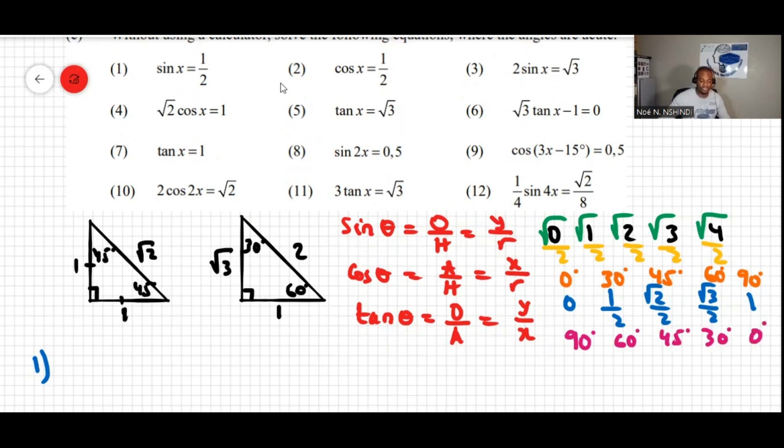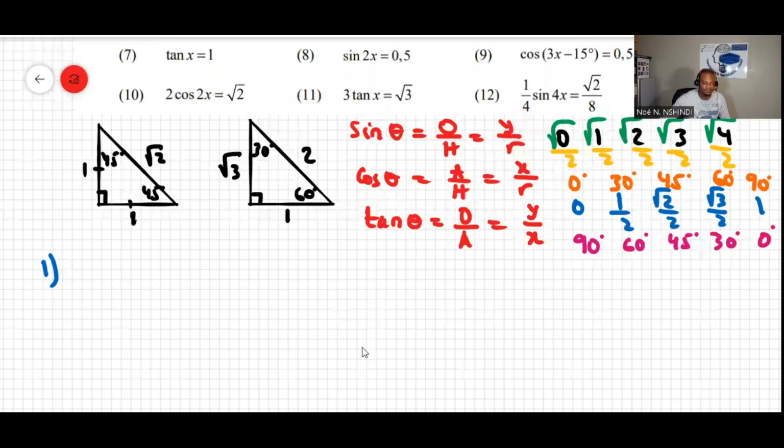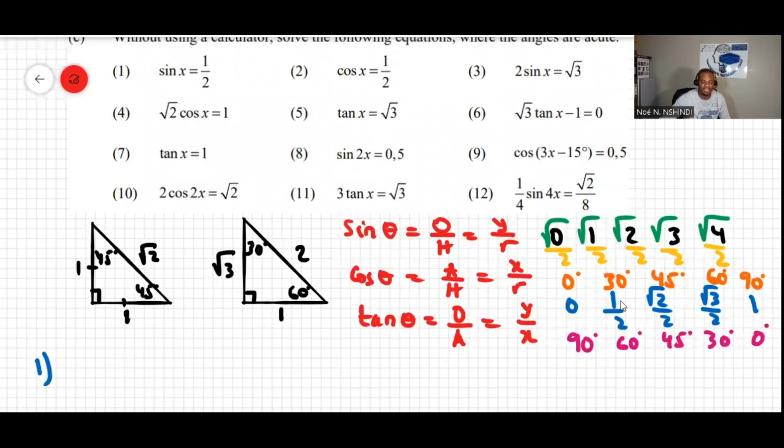Okay, so we can have these, and then we can start to answer the question. For question 1, for instance, sine of x equal to a half. I look at the half there. Because we talk about sine, we know this side is the sine. Let me write like this. This is for the sine, and then this one is for the cos.